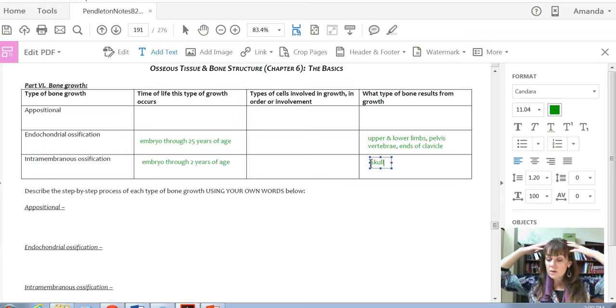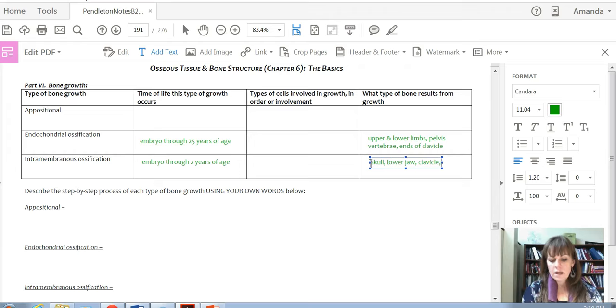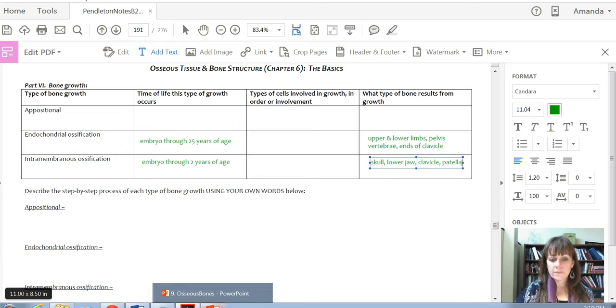So some of the structures here are bone, but then there's a part that is still that connective tissue membrane that hasn't yet been converted into bone. So the skull is going to have that, the lower jaw, most of the clavicle, and then the patella. Okay. And so that's what we're going to find with intramembranous ossification.